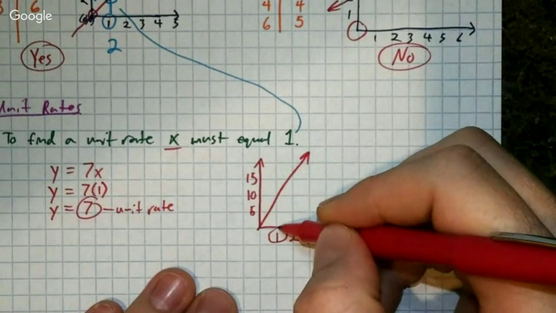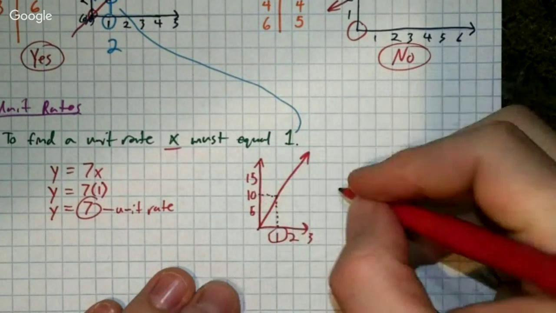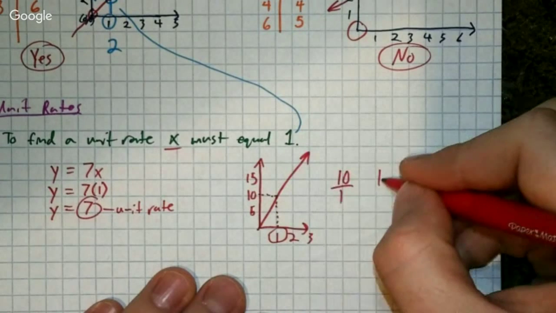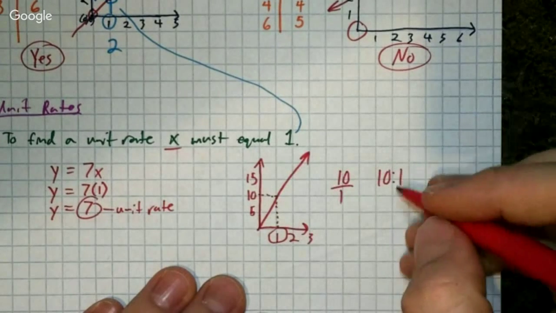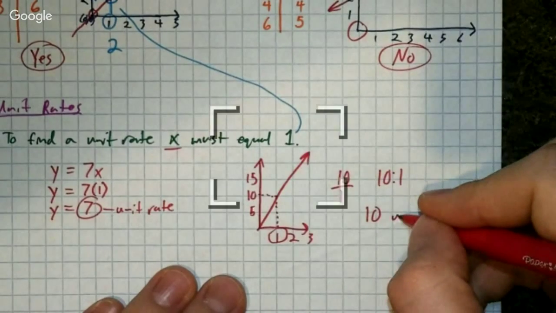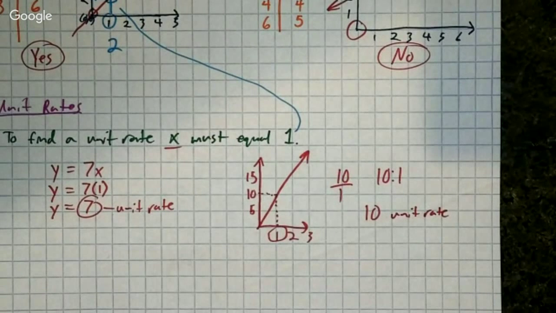Here's 1. X is 1. What does y equal? So this would be 10 to 1, or just 10 as our unit rate. So pretty simple. I know we already know how to find the unit rate, but something good to know.